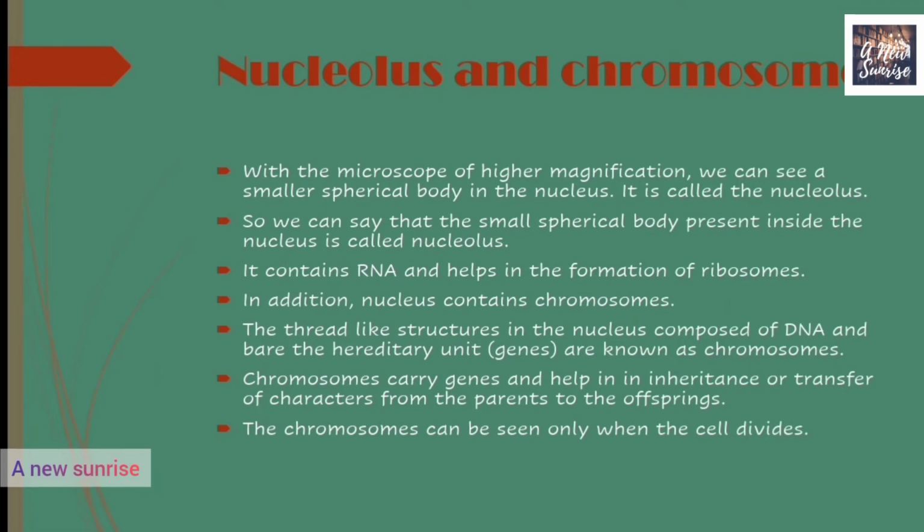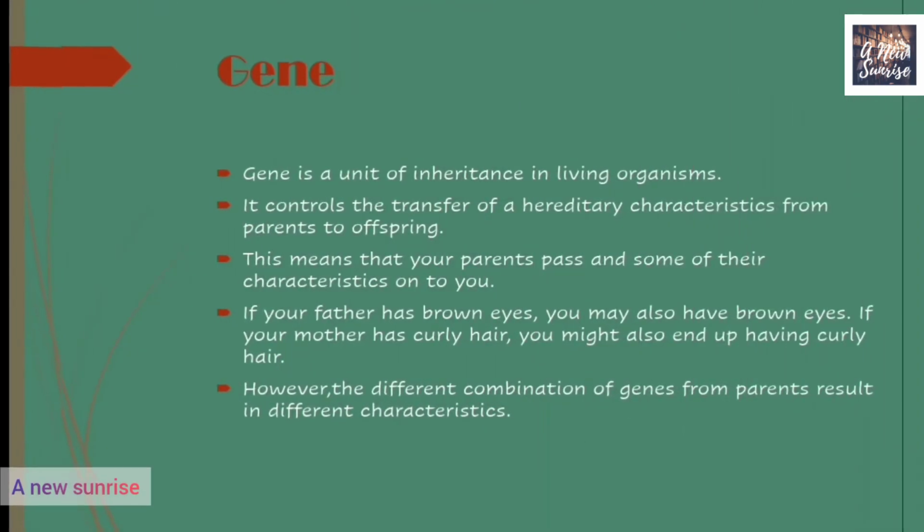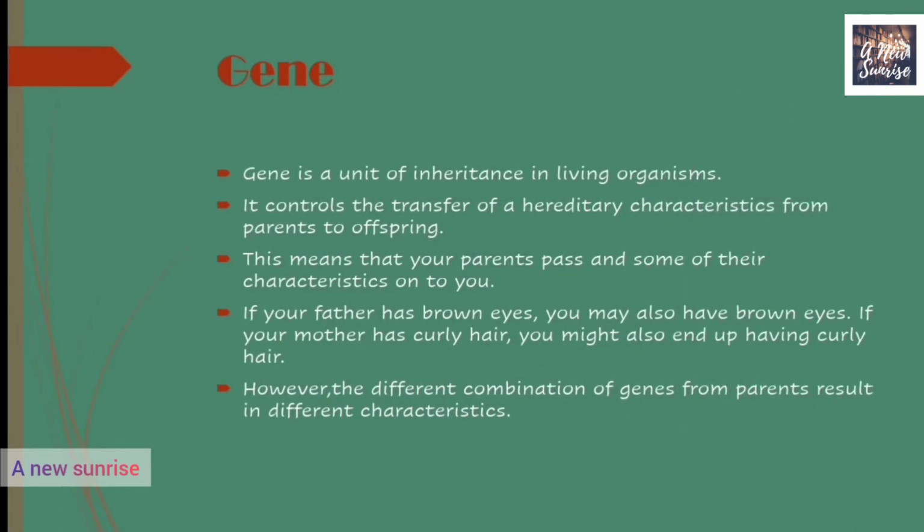Chromosomes are the thread-like structures in the nucleus which are composed of DNA. Chromosomes bear the hereditary units which are called genes. What are genes? A gene is a unit of inheritance in a living organism. It controls the transfer of hereditary characteristics from parents to their offspring.